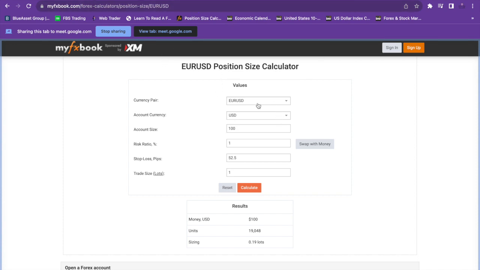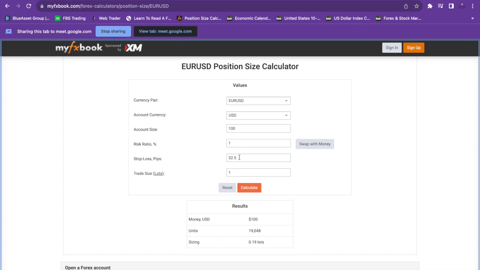Okay, so what you would then do is, whatever currency pair, and I want to show you guys this, look at EUR USD. Same size, same everything. 1% risk ratio. Right now, where I'm trading on my account, I'm trading on a 3% risk ratio. So it's very important to know what you are trading and how you are trading.